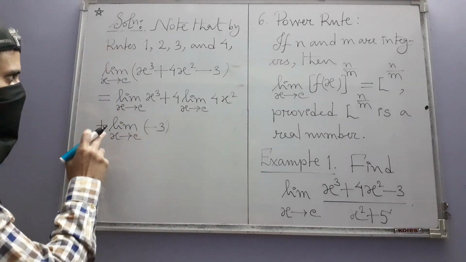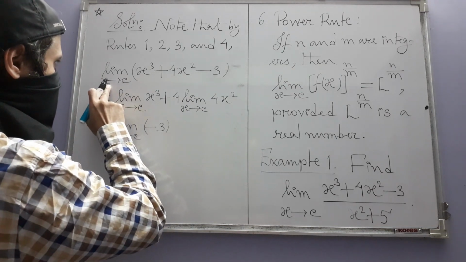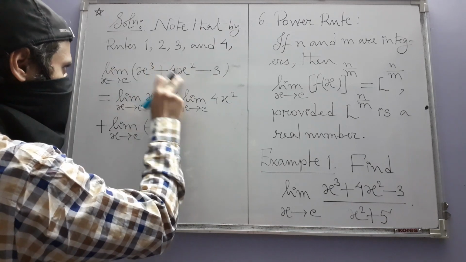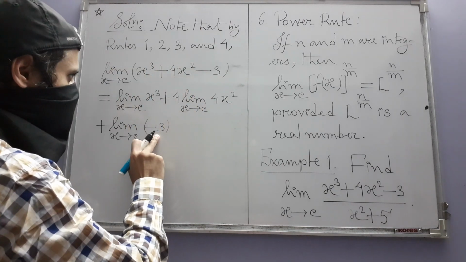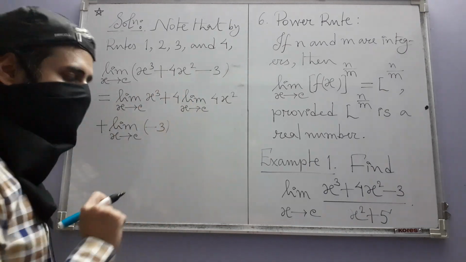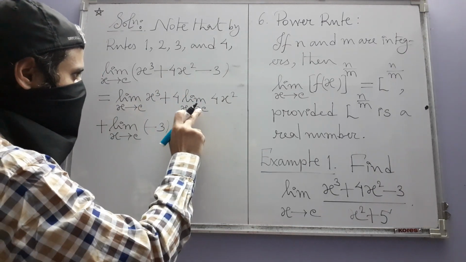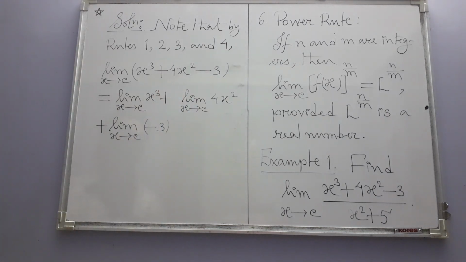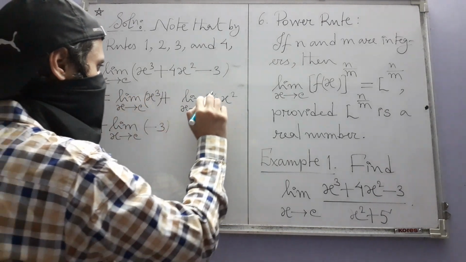You can think of it that way also. So first of all, you apply the limit to this function, then plus to this function, and then to this sum you once more apply the sum rule, getting this. Oh, I have already written 4 outside now. So it's just this.